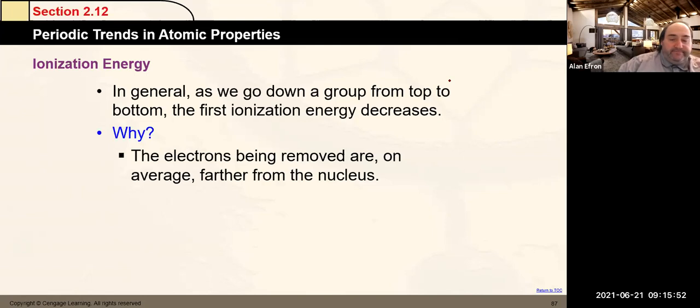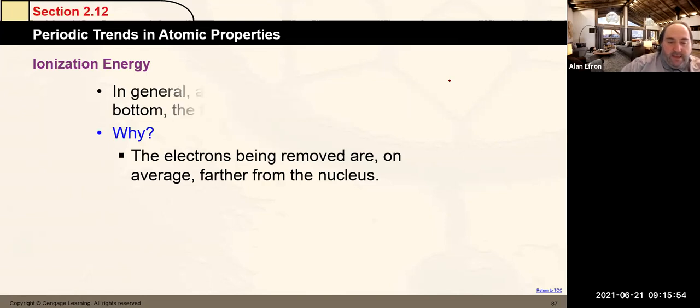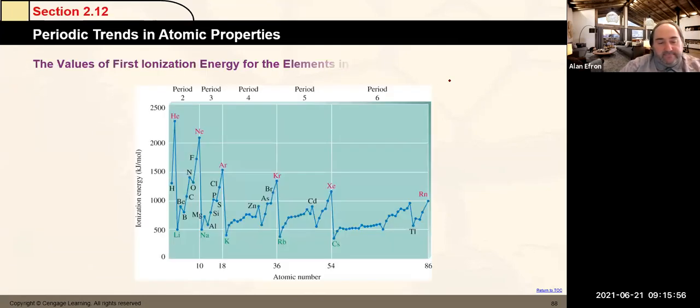Here's a chart of periods 2, 3, 4, and so forth. The general trend is that ionization energy decreases as we go down a group and increases as we go across a period.